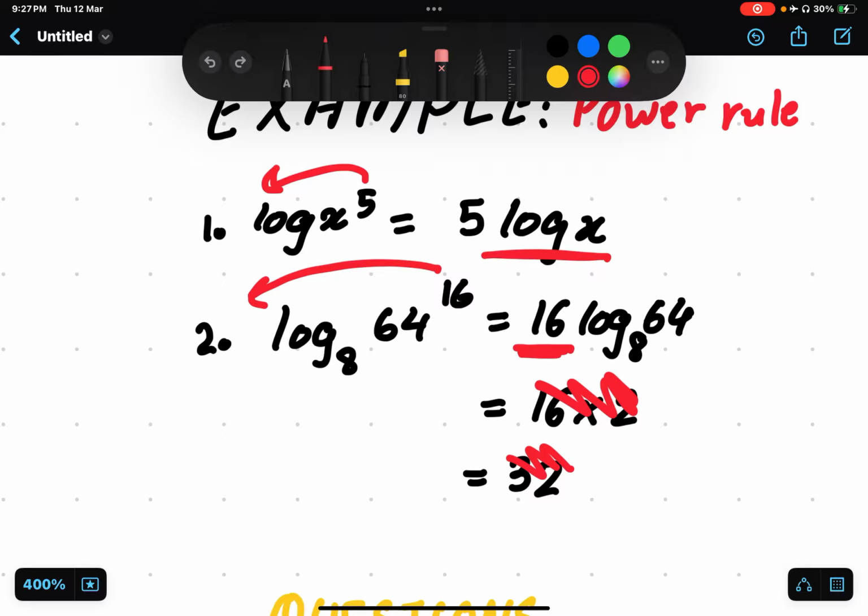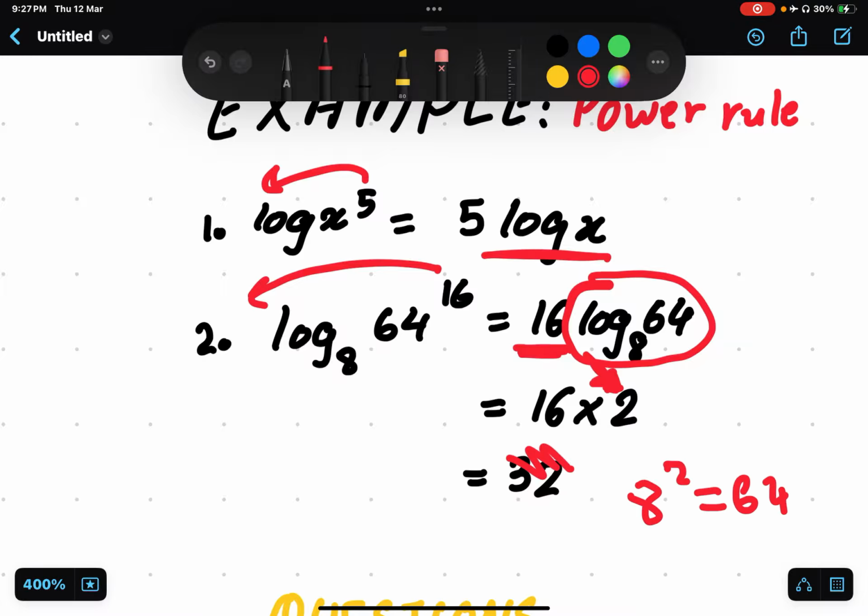We know that 8 to the power of 2 is equal to 64, right? So log 8 64 becomes 2, because 8 squared equals 64. So this is 16 times 2, which is 32. Easy, right?